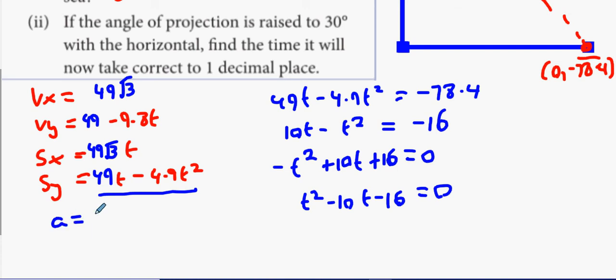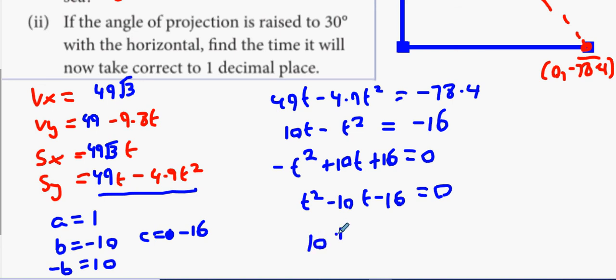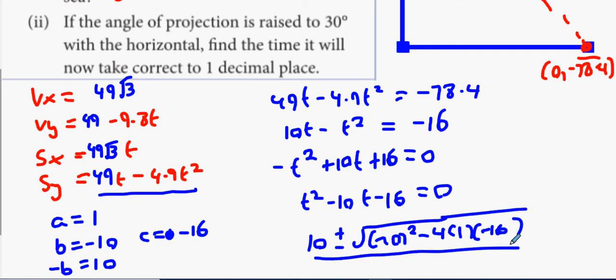Now a equals 1, b equals minus 10, minus b equals plus 10, c equals minus 16. Do the minus b formula. 10 plus or minus the square root of b squared minus 4 times a times c, all over 2 times 1. What do we get?